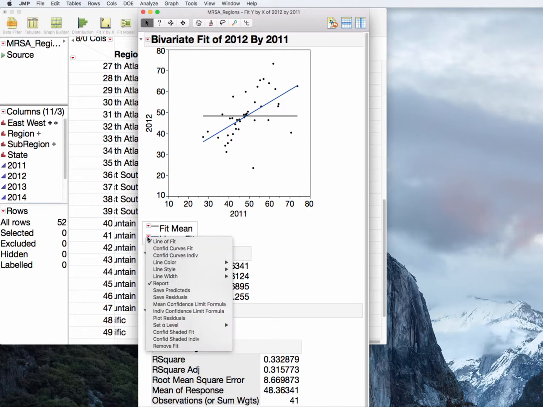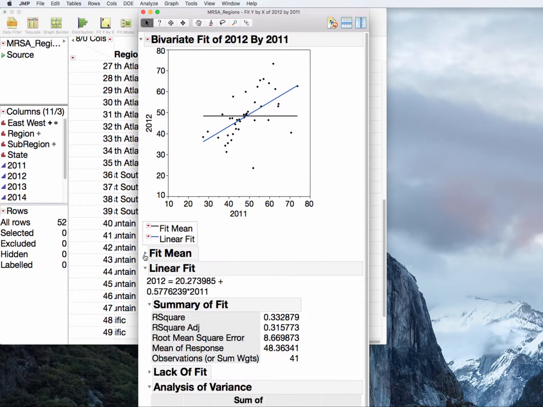There are multiple options under linear fit. In addition to changing the color of the line, we have our confidence bands around the line of fit. We can save our predicted values and our residual values. We could change our alpha level, and we could actually remove the fit line if we needed to.